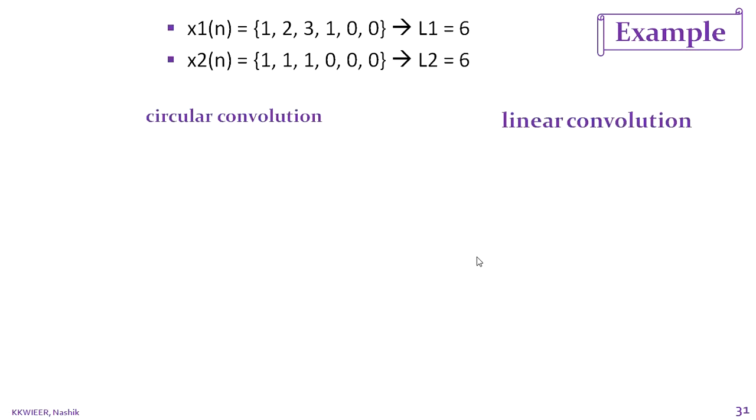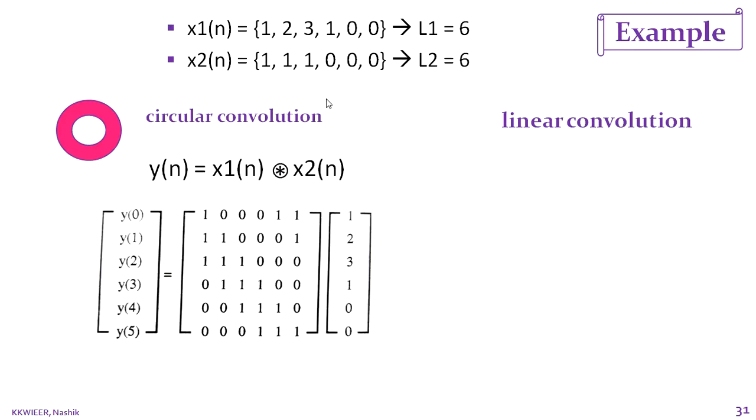By circular convolution, if we calculate the y of n of this sequence, then you will get the answer as 1, 2, 3, 1, 0, 0. That is your x2 of n, and reforming the first sequence. So for simplification of the calculation, I have rearranged the x2 matrix like this, and the x1 matrix I have written as it is.